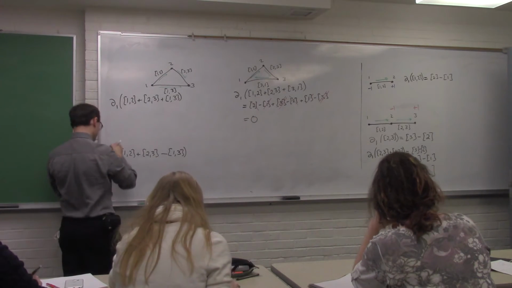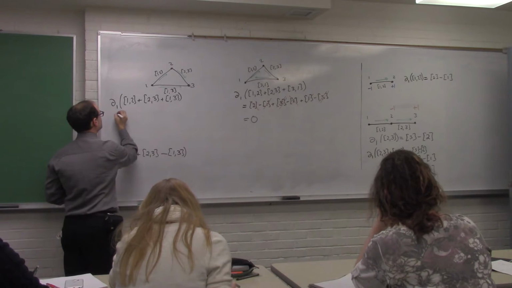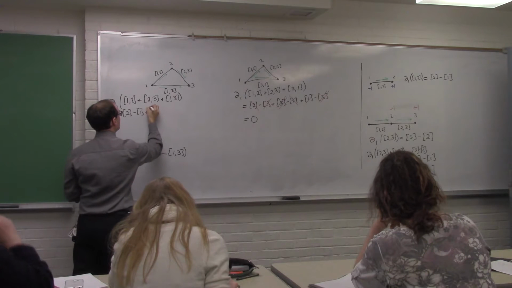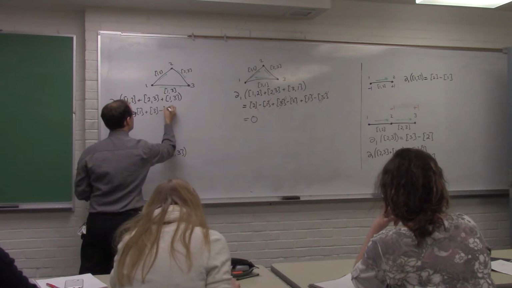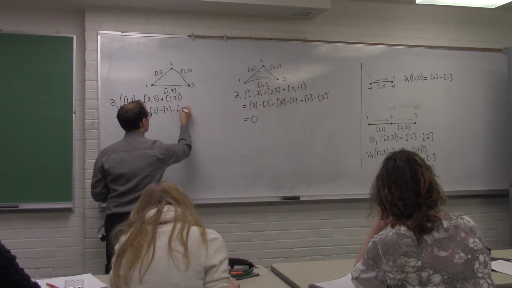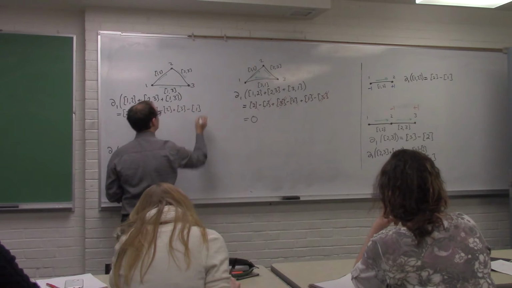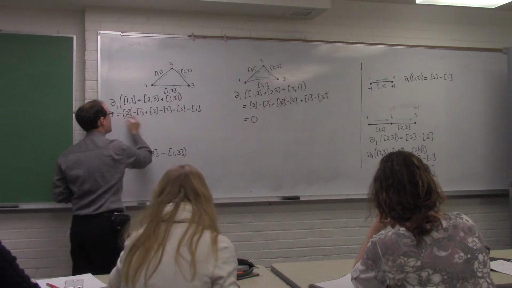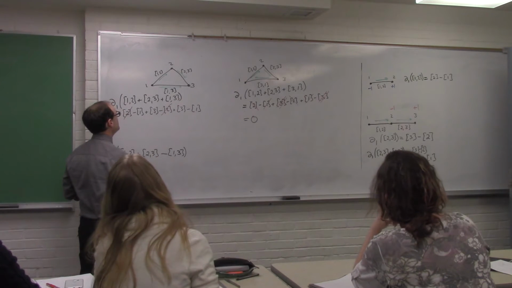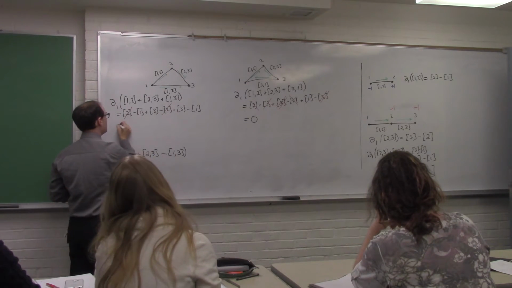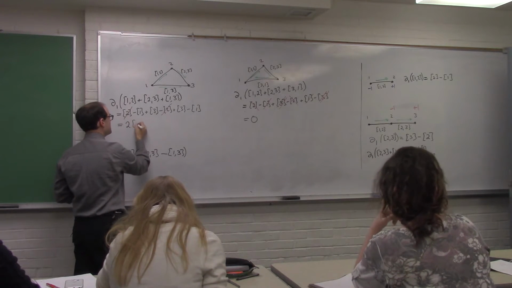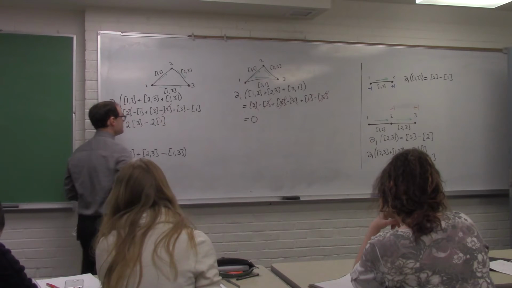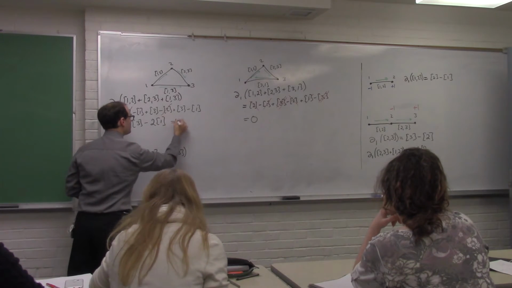Now what about this one? 2 minus 1, 3 minus 2, 3 minus 1. Well, I see a 2 cancels with a 2, and no other canceling happens, because I end up with two 3s and negative two 1s. In any event, not 0.